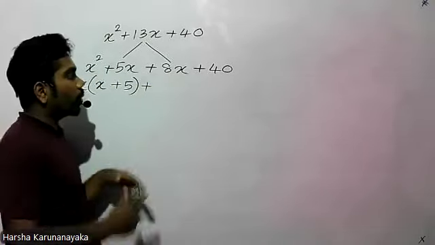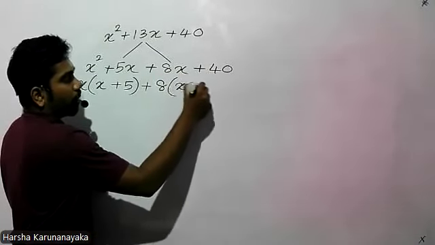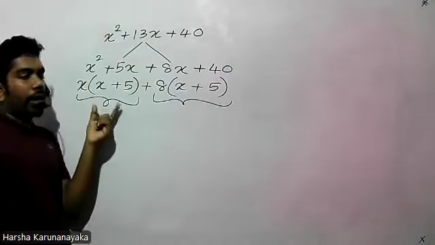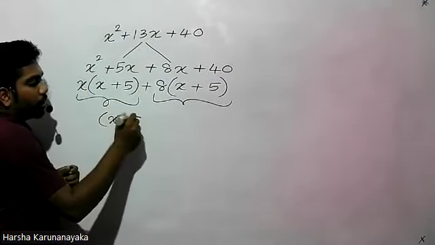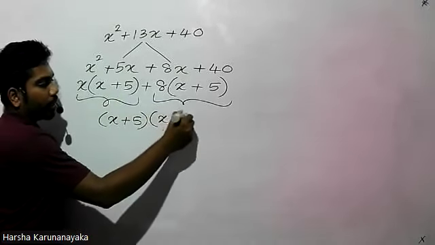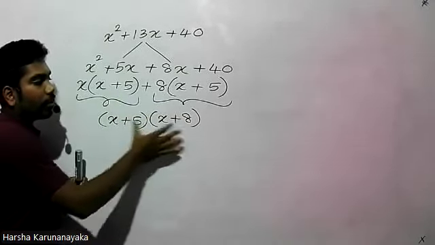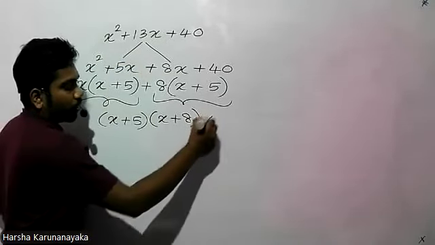In these two, 8 is the common value, for both x plus 5. In these two terms, x plus 5 is the common term. So the other one is x plus 8. These are the two factors of x squared plus 13x plus 40.